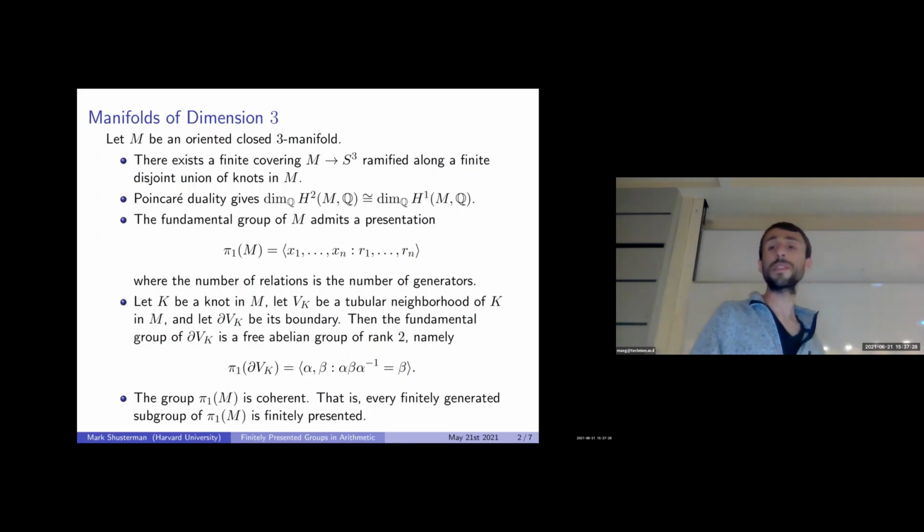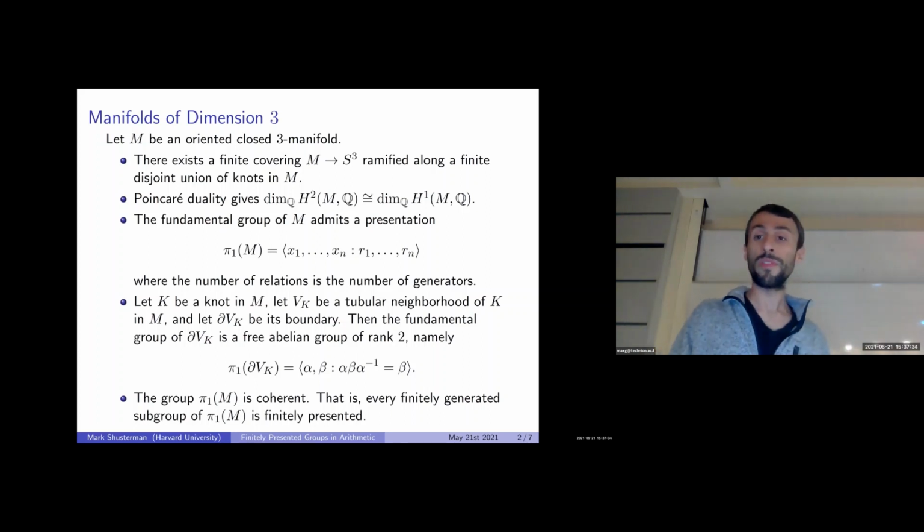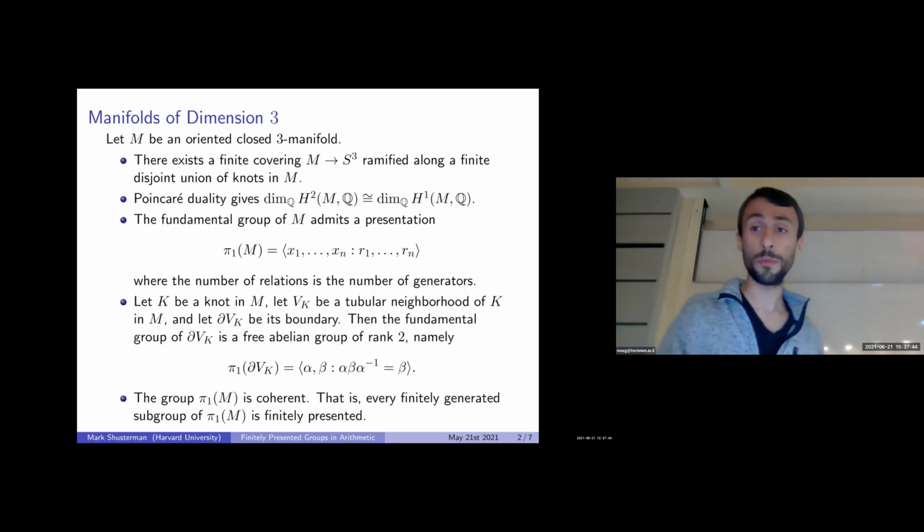But all these facts are fairly well known by now, and I would use them as some motivation to prove some results about completely different kinds of groups later in the talk. So these are just some recollections that I wanted to make about three-manifold groups.